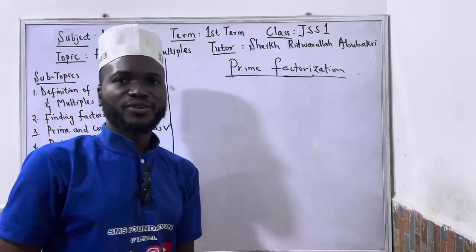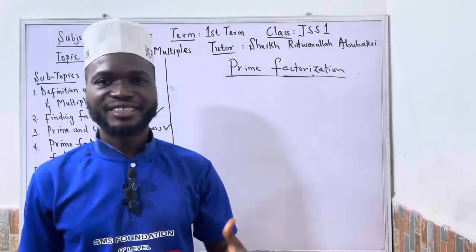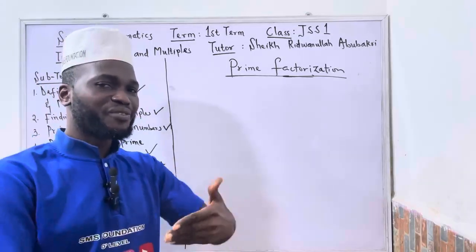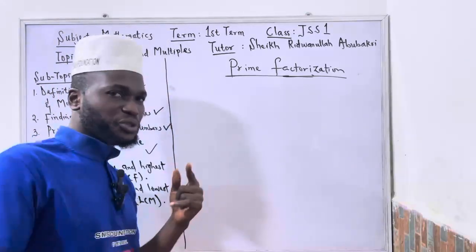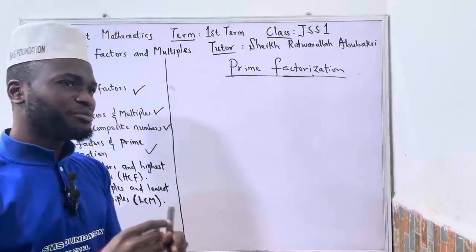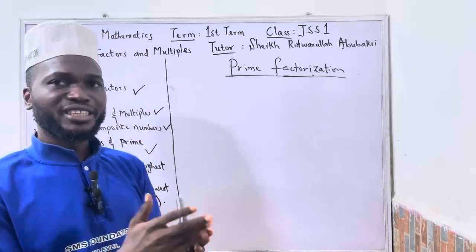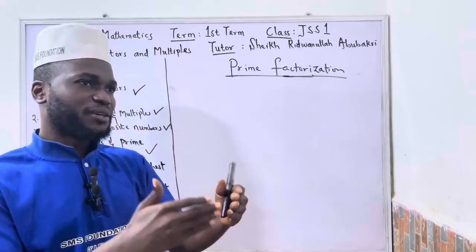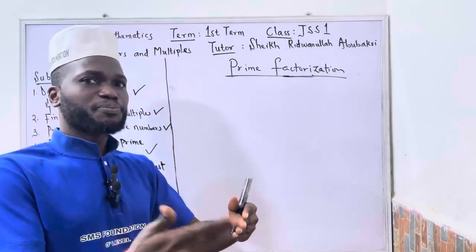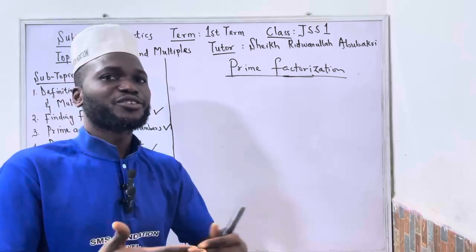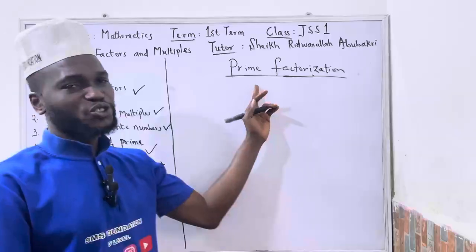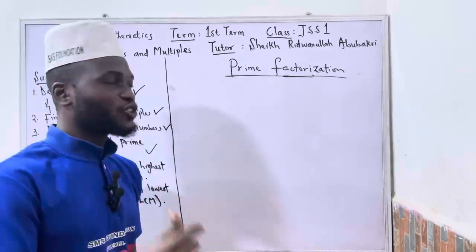So prime factorization means how can we write a number such that we will multiply the prime factors together to produce that number. So that means we want to write a number in terms of products. So how can we write that number such that we multiply its prime numbers or prime factors together to produce the number? So question under this topic or subtopic always come in this manner.